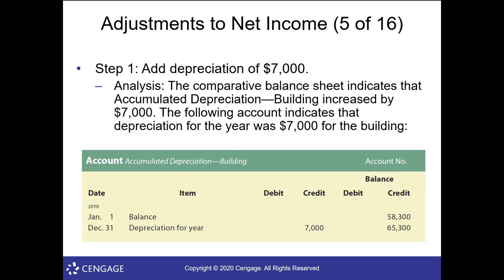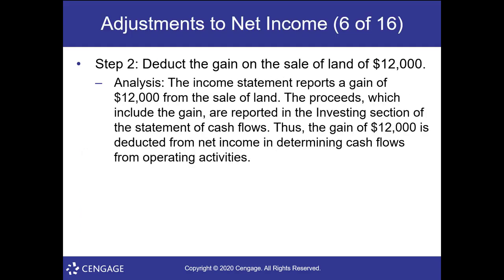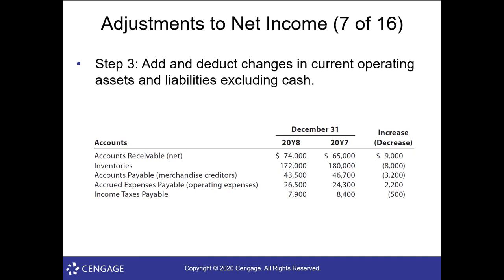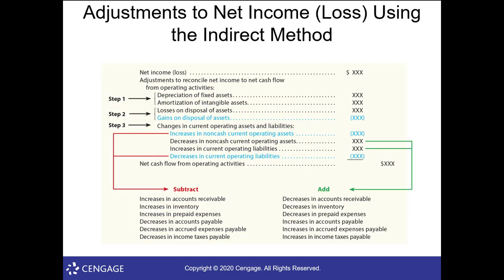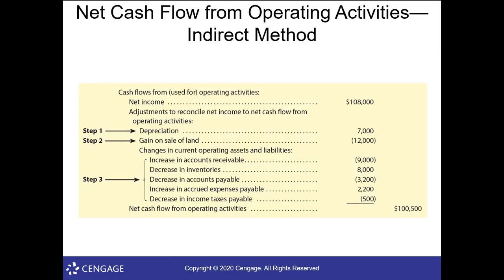So that's where the depreciation came from. Here's where the gain was, and then here's the net changes in current assets and current liabilities. So that's going to give us operating activities. Net cash flows from operating activities is $100,500.